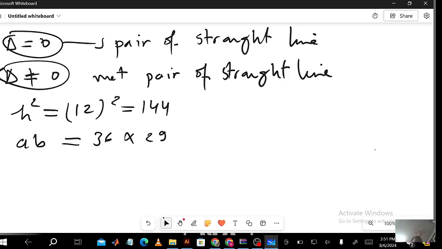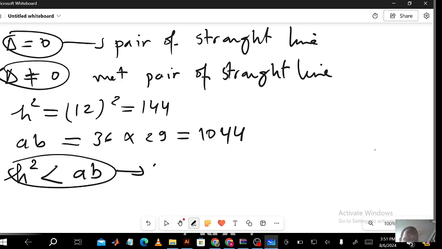If I put it in the calculator, 36 multiplied by 29 is going to be 1044. Now let's compare. I will see that h squared is less than ab. Now if h squared is less than ab, directly we know that it is an ellipse.